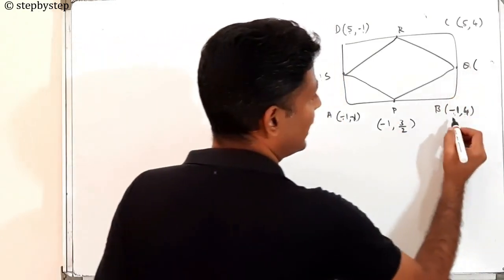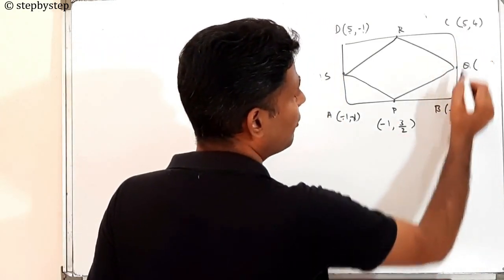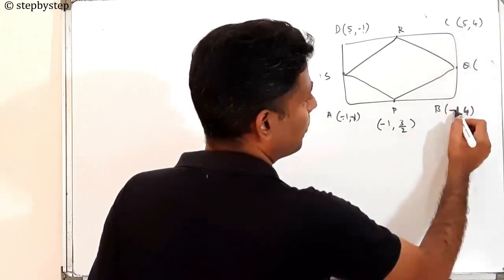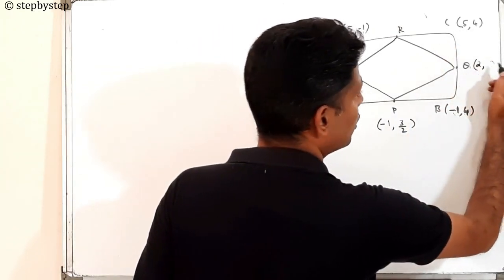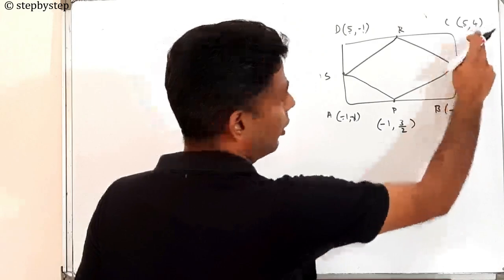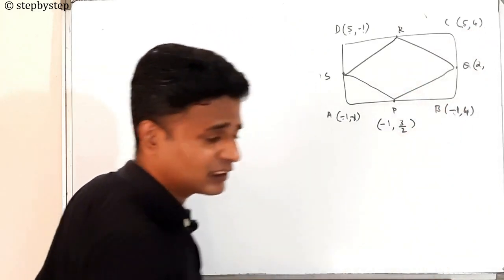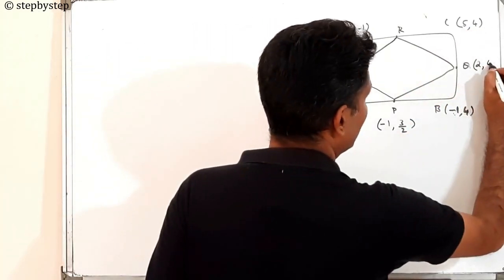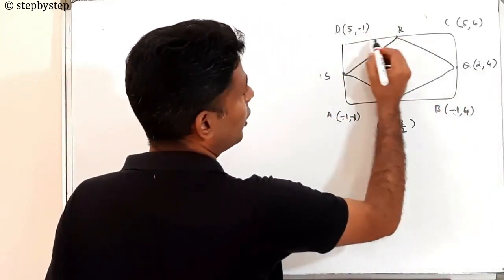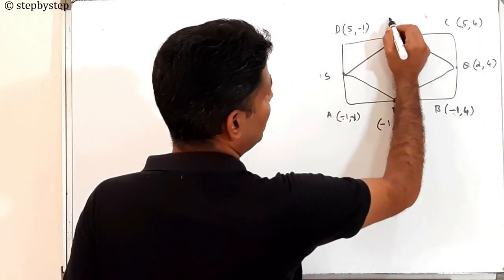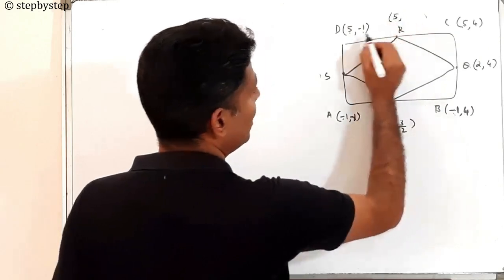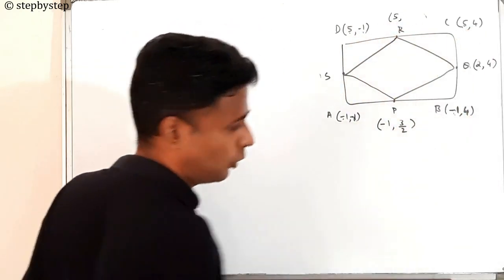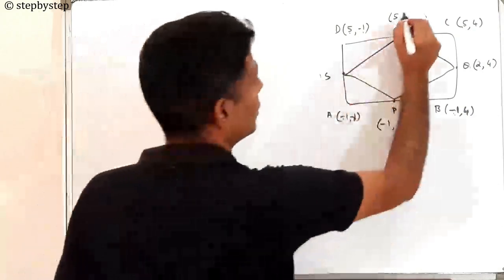Here, the Q coordinate, how do we get? Again finding the midpoint. So 5 minus 1, 4 by 2, 2. The midpoint of the y coordinate will be y1 plus y2, that is 4 plus 4, 8 by 2, that is 4. Similarly, the x coordinate, 5 plus 5, that is 10 by 2, that is 5. Then the y coordinate, minus 1 plus 4 by 2, that is 3 by 2.